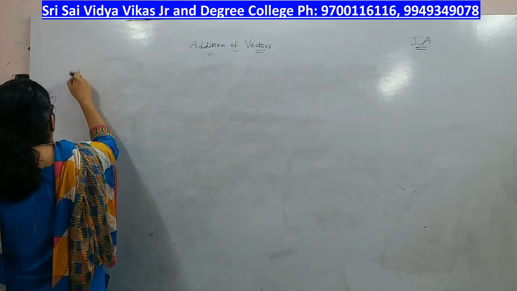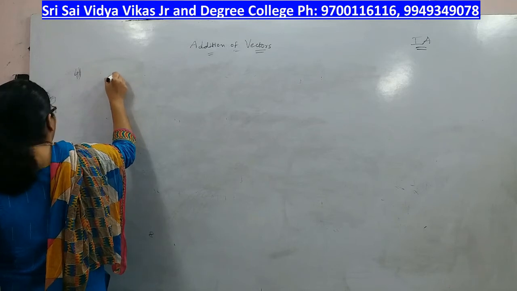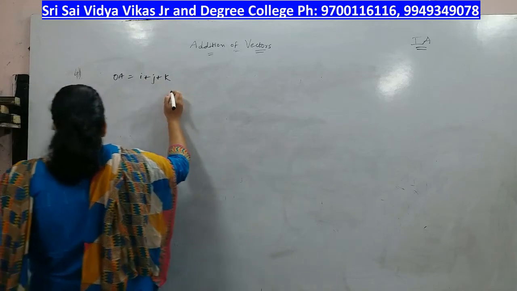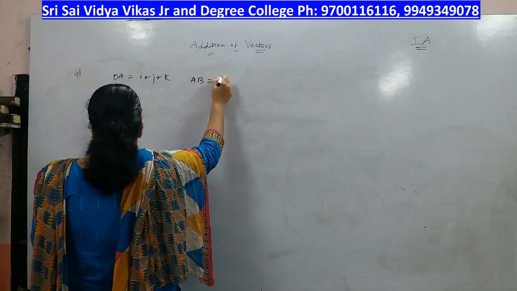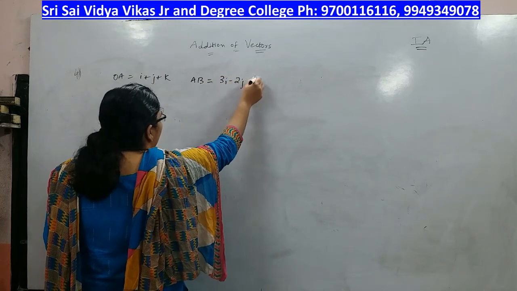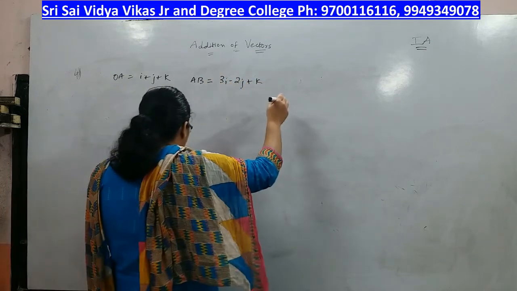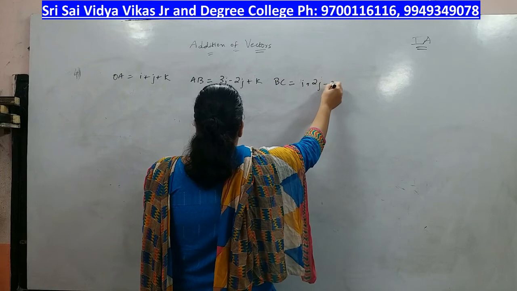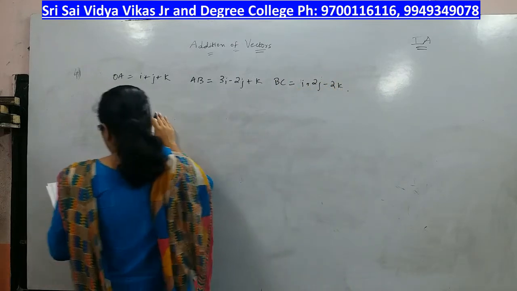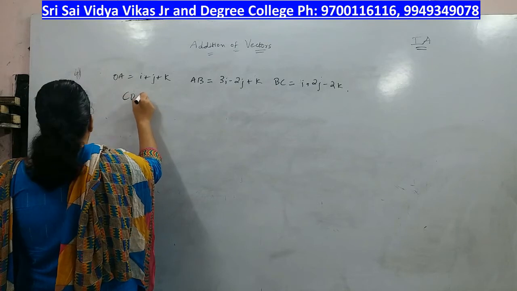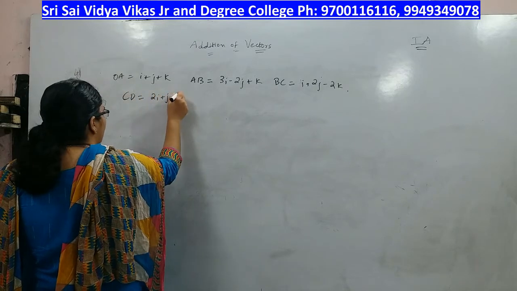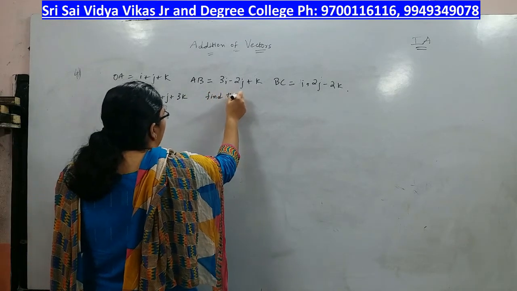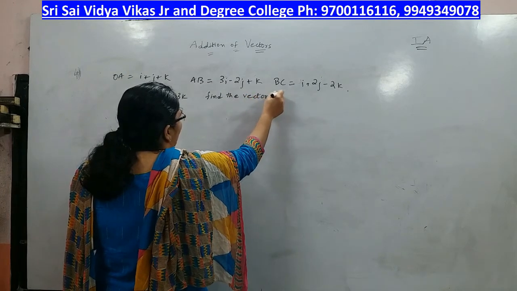Fourth problem: if OA is equal to i plus j plus k, AB is equal to 3i minus 2j plus k, BC is equal to i plus 2j minus 2k, CD is equal to 2i plus j plus 3k, find the vector OD.